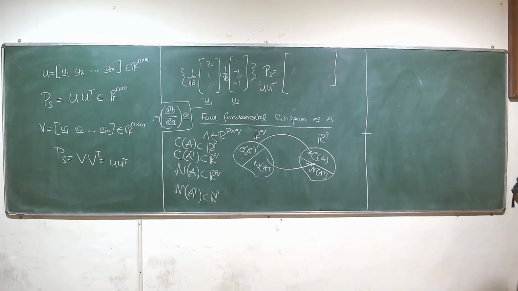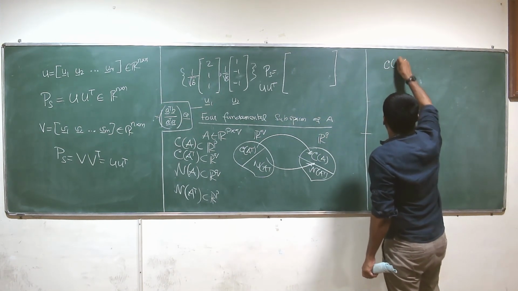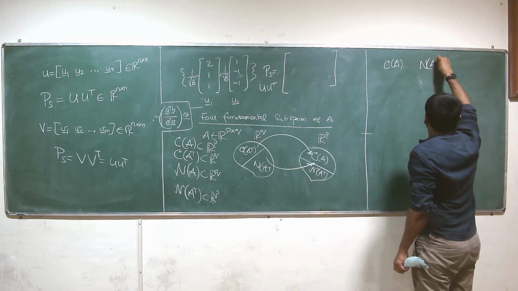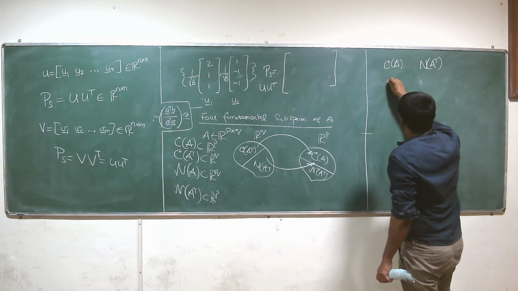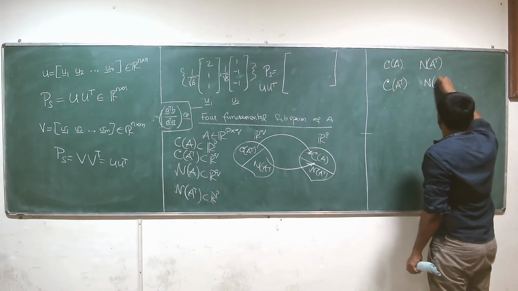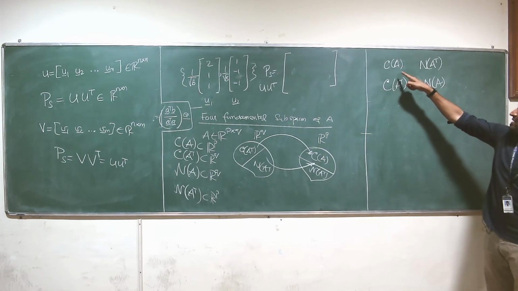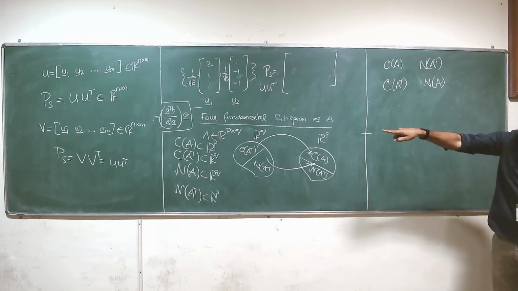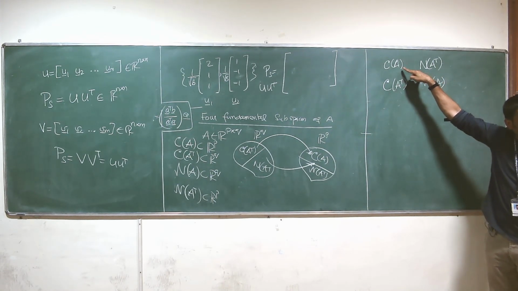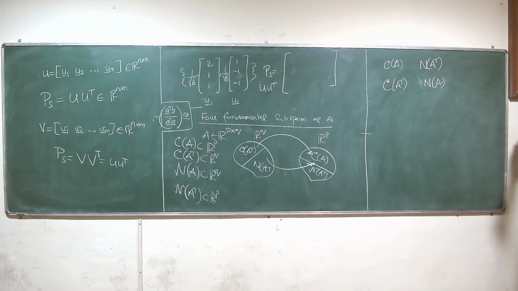because your column space and your left null space are in fact related. Your row space and your null space are related. These two are subspaces of RP, and in fact they are orthogonal complements. Actually, I forgot to say something yesterday.